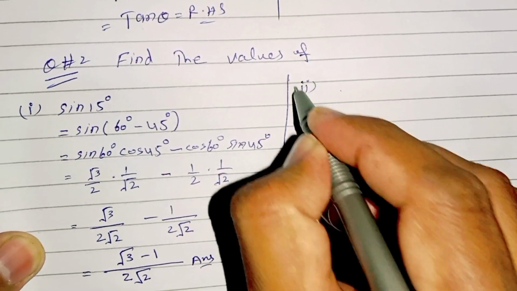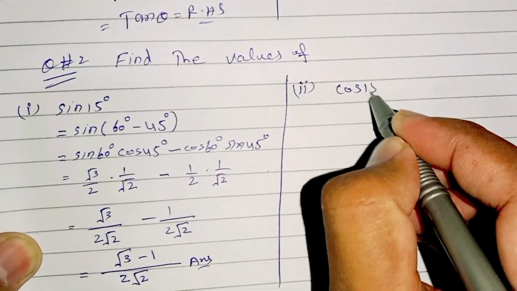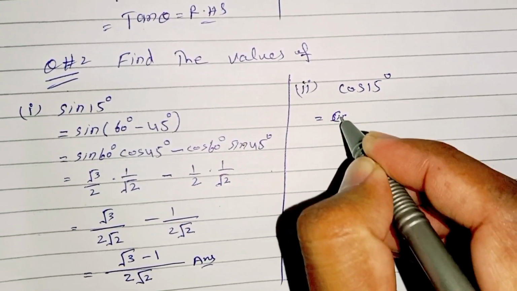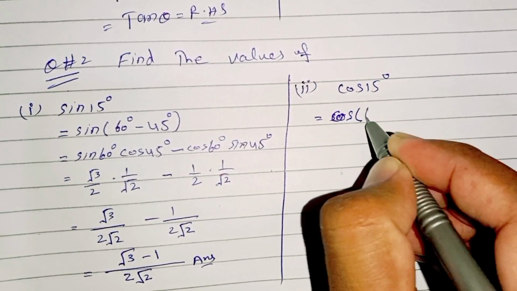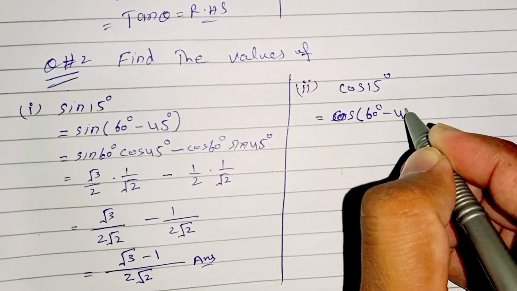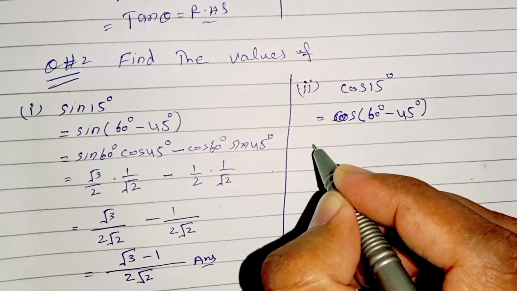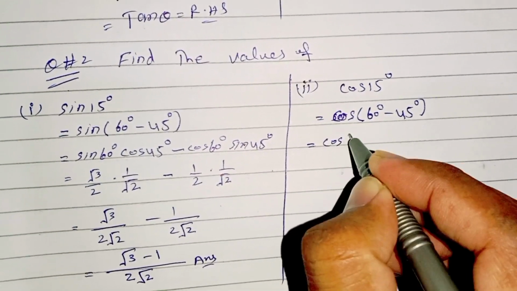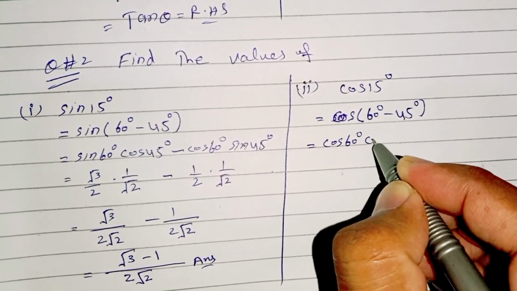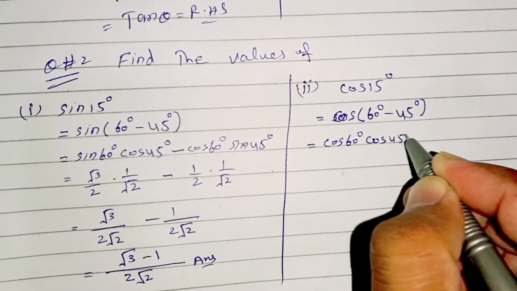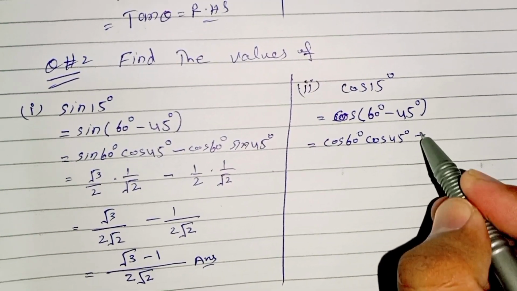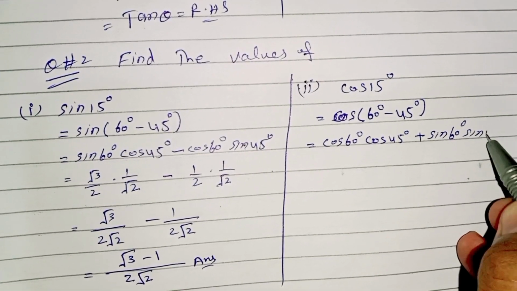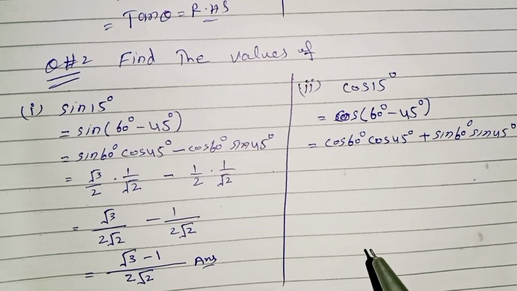Part number 2 is cos 15 degree. It is also written as cos of 60 degree minus 45 degree. By using the formula cos alpha minus beta, cos 60 degree cos 45 degree plus sine 60 degree and sine 45 degree.